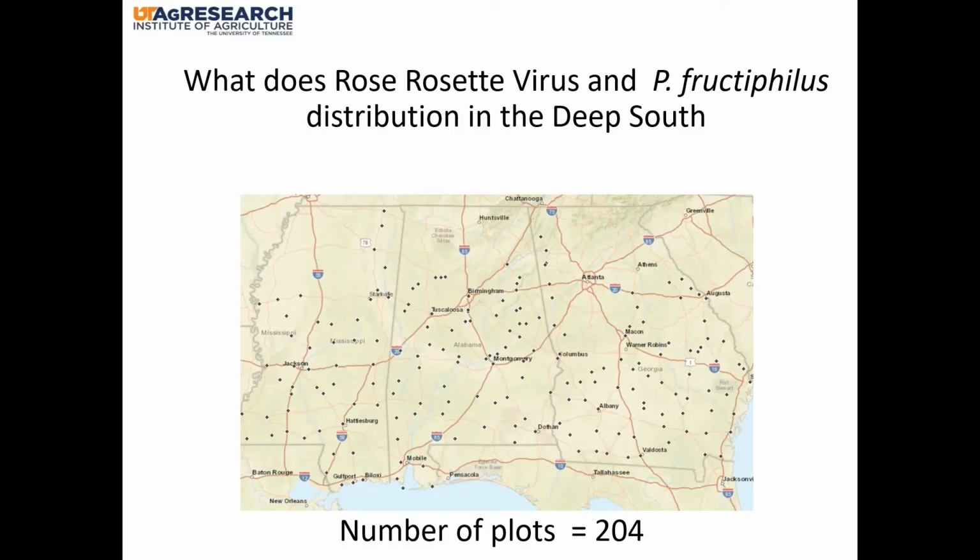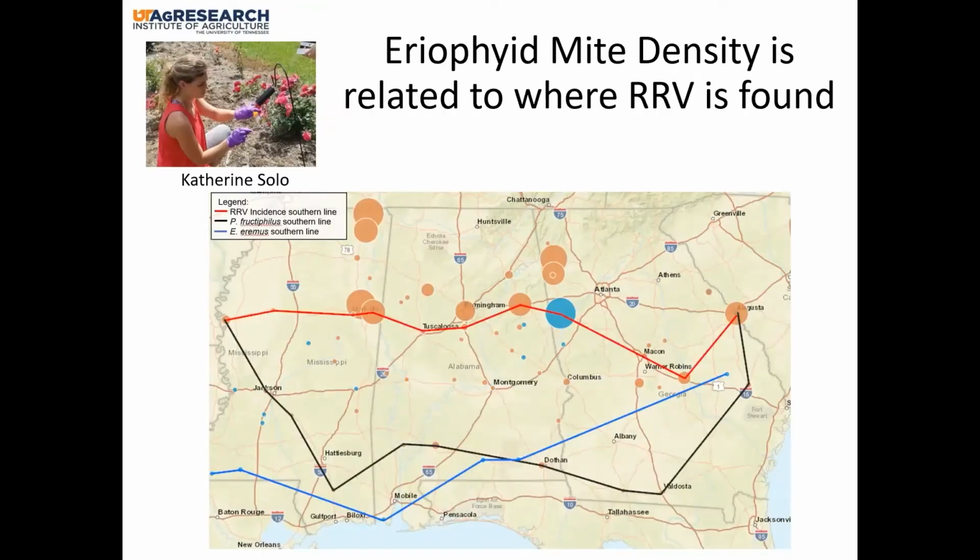And what she found was the red line is where the virus was. You go below the red line and roses look good. You get above it and they're all sick. And the black line below that is how far south did she find the vector?